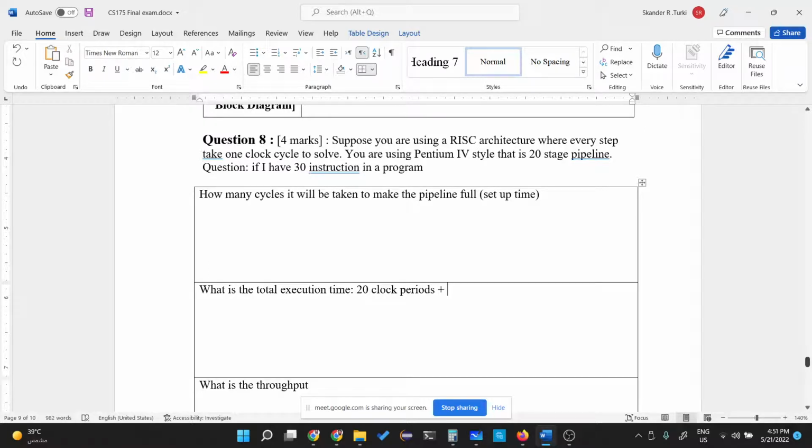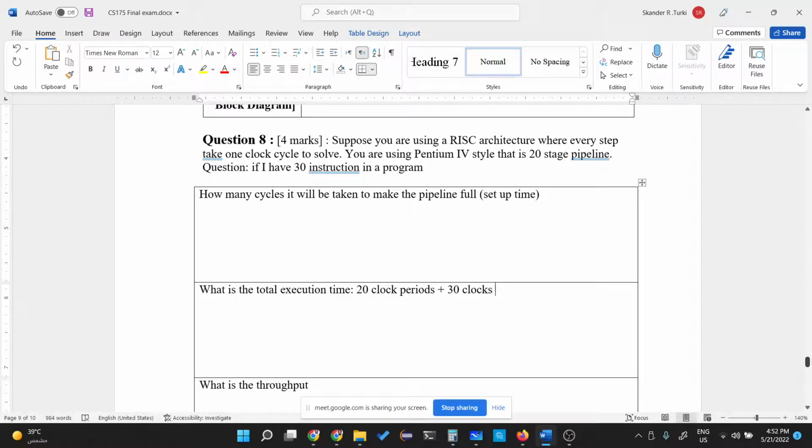And then after these 20 clock periods, for each clock period, 1 instruction will finish. So after this, if you add 30 clocks, all the instructions will get out of the pipeline.